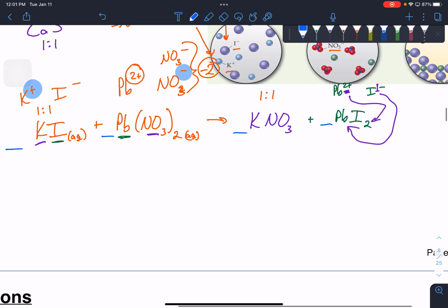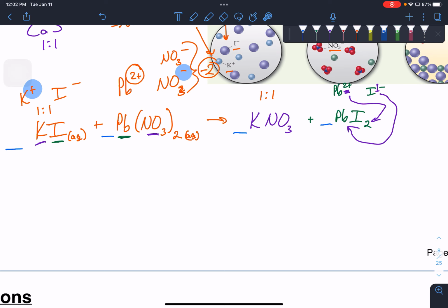There are some rules for balancing, like keeping polyatomics as a unit, right? Nitrate, 1 nitrate versus 2 nitrates, whatever. For these metathesis, these double replacement reactions, you do that.